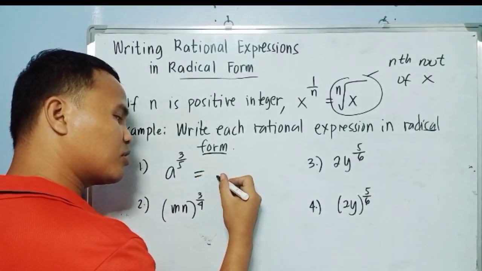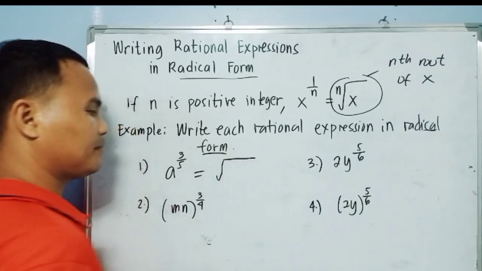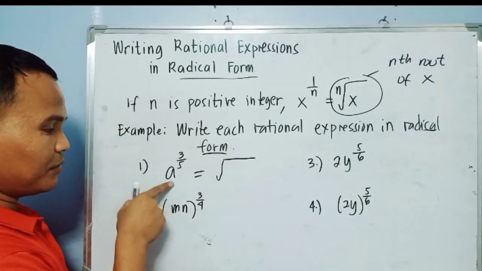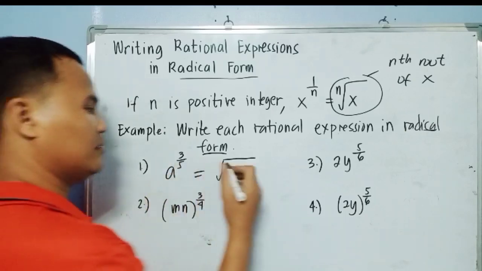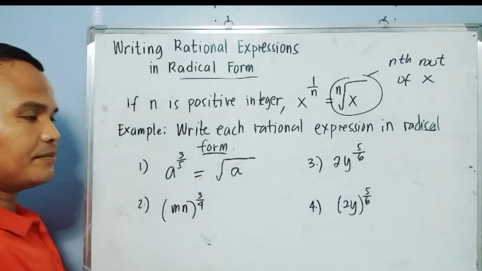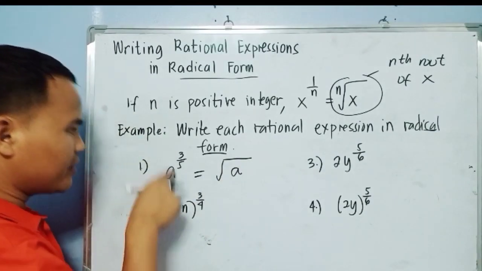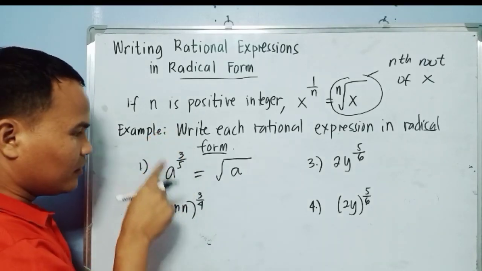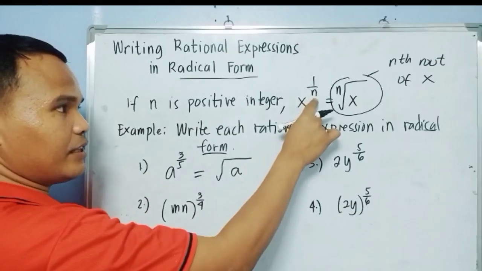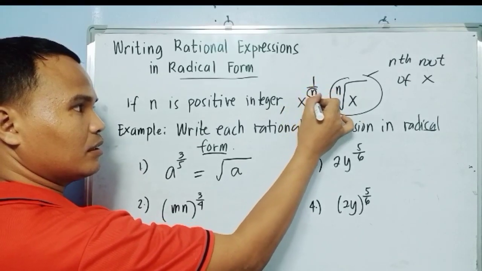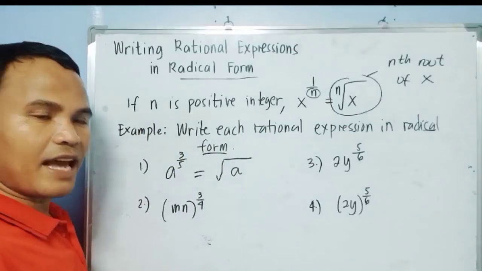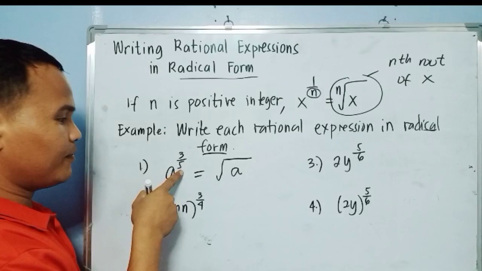So magsuwat lang ka diha og radical sign, automatic ang atong radicand dri is ang a. Okay? Now, a is raised by this fraction. So, sama nato ganina, kung say atong denominator, mao na ang atong index. So, ang atong denominator is 5.